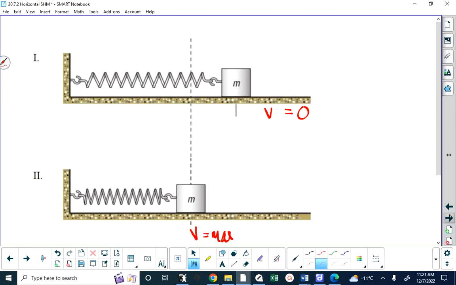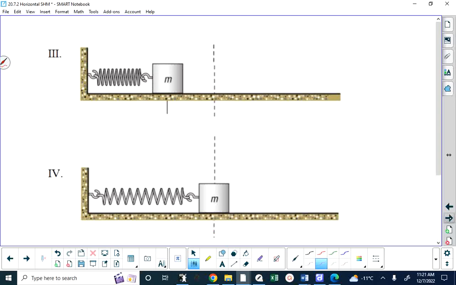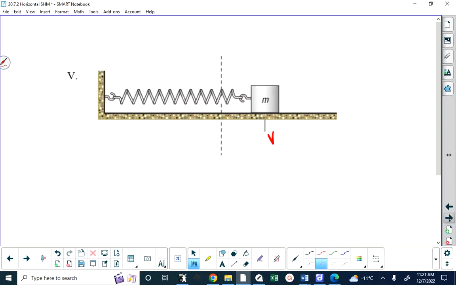Once it passes that point and moves towards the point that's shown in number 3, it's going to start slowing down. And it's at this point, when it stops, that the speed will be 0 again. And then when it gets to the middle, you will have a maximum speed again. And then, of course, it's going to stop. Because diagram 5 is the same as diagram 1. We've gone a complete cycle back and forth one time.